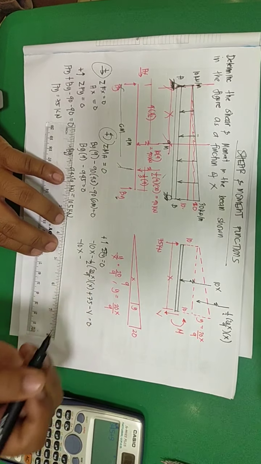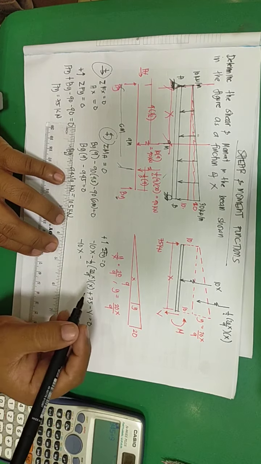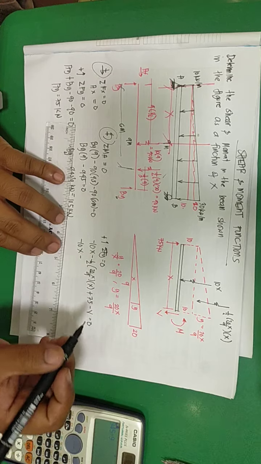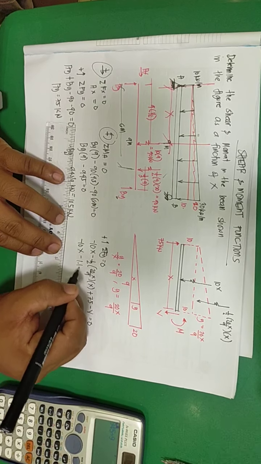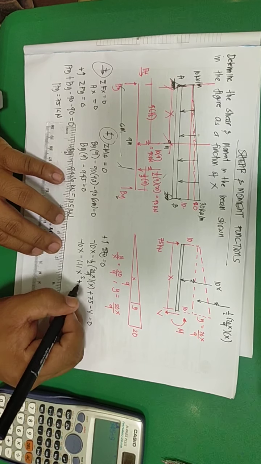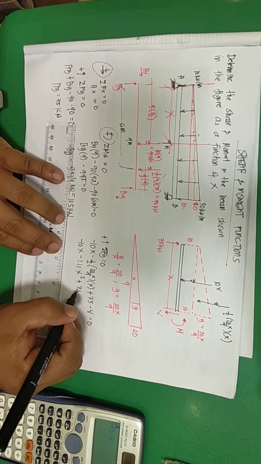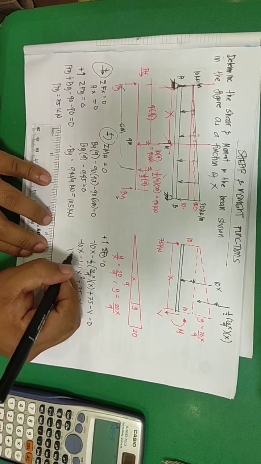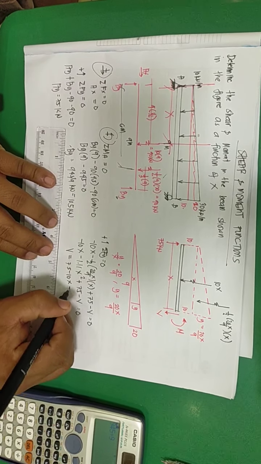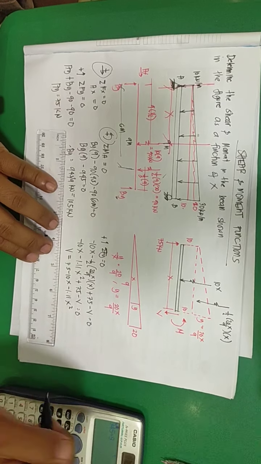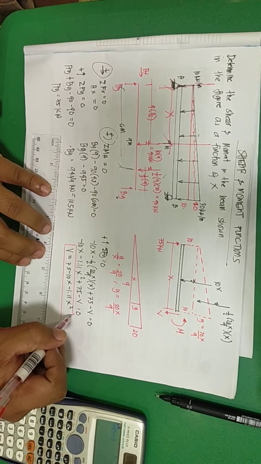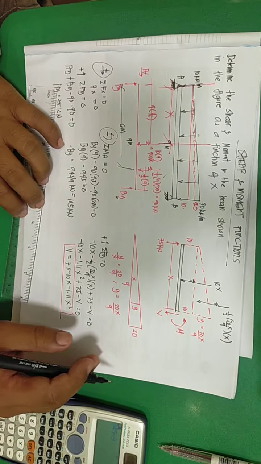So 10x minus 10 over 9 x squared, which is 1.11x squared, plus 75 minus V equals 0. So shear is 75 minus 10x minus 1.11x squared. So this is the shear as a function of x. Can you see it?